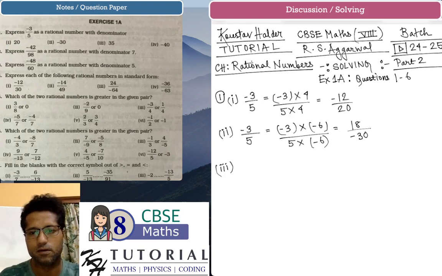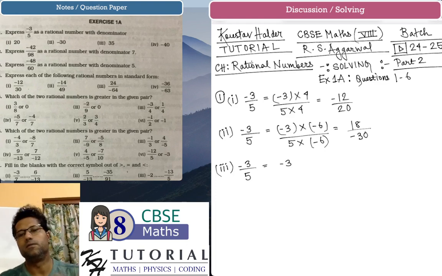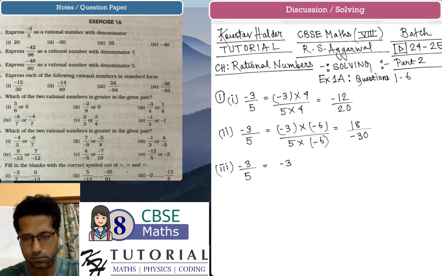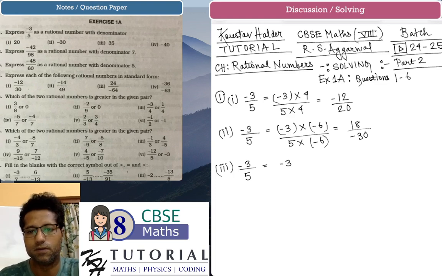We have to make the denominator 35. So clearly we have to multiply 5 with 7. To keep the rational number equivalent or same, we have to multiply both the numerator and the denominator with 7.